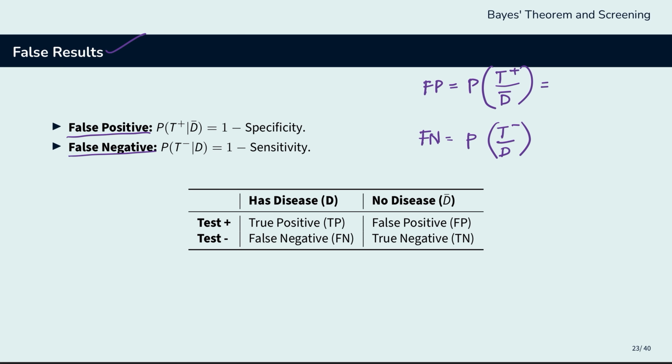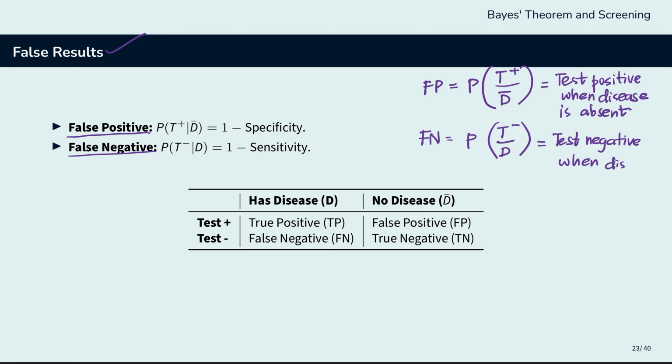So remember, false positive is test positive when disease is absent. So when you don't have the disease but you test positive. And false negative is you test negative when the disease is present.